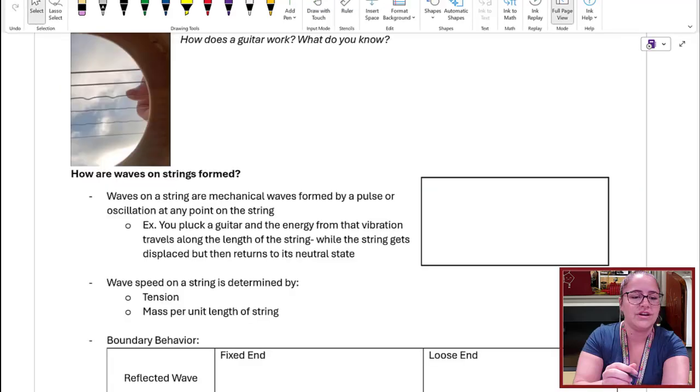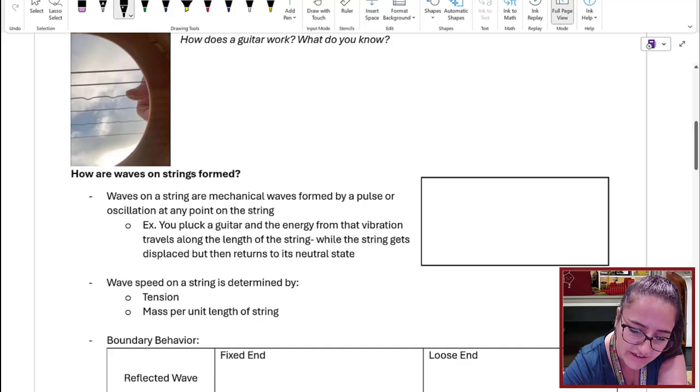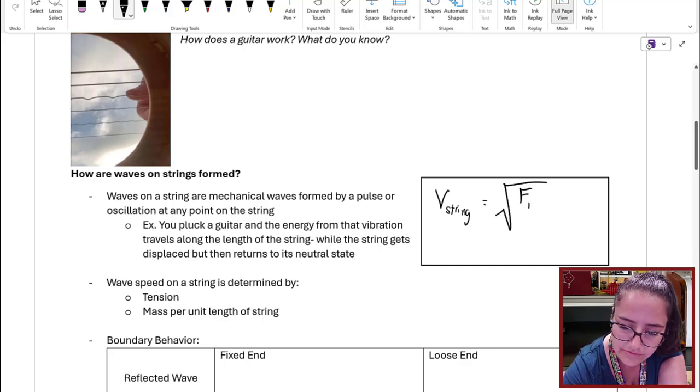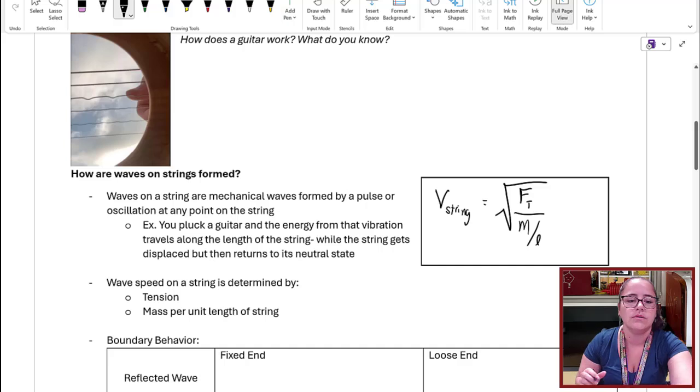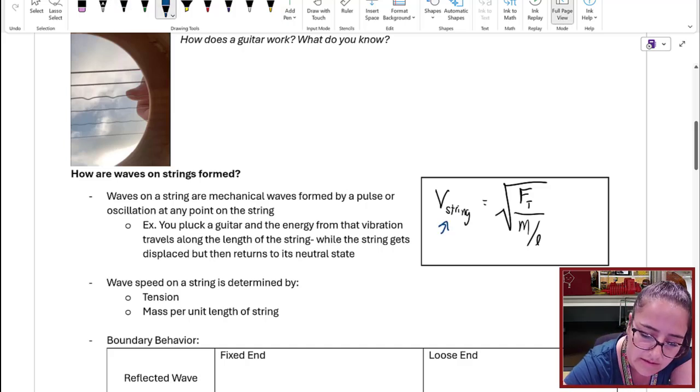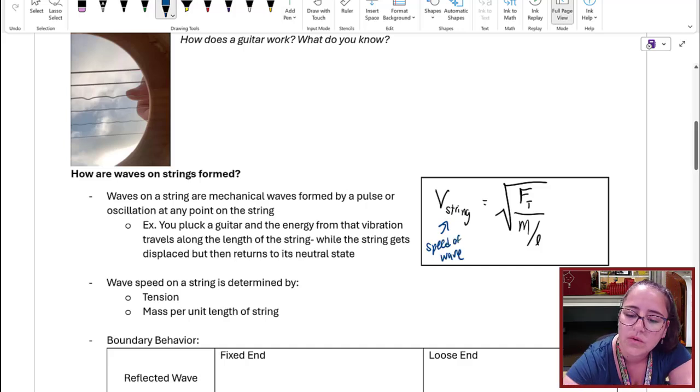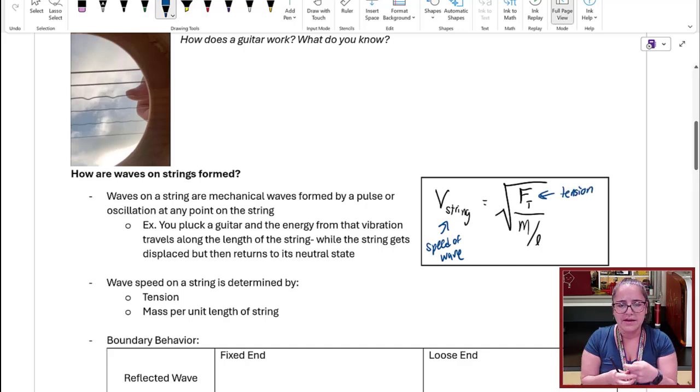Now, the equation that we use for waves on a string is that the velocity of the wave on a string is equal to the square root of the force of tension divided by m over L, okay? So we have the speed of the wave, okay? We have Ft, which is the tension in the string, and that makes sense, okay?